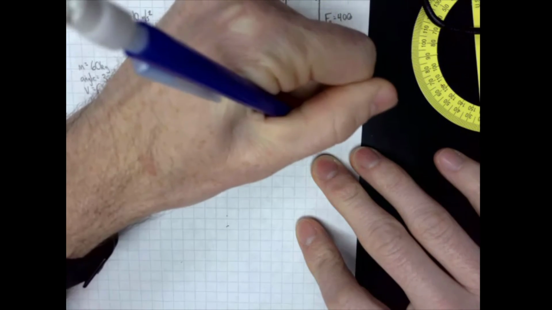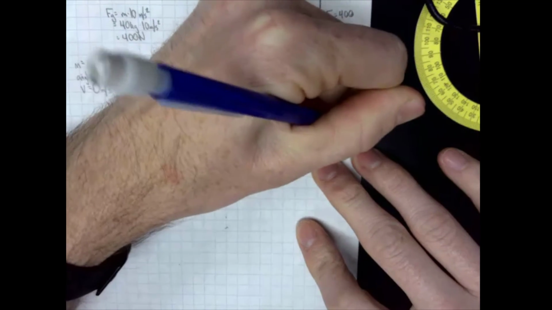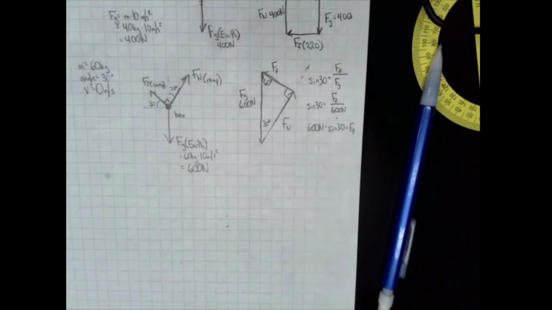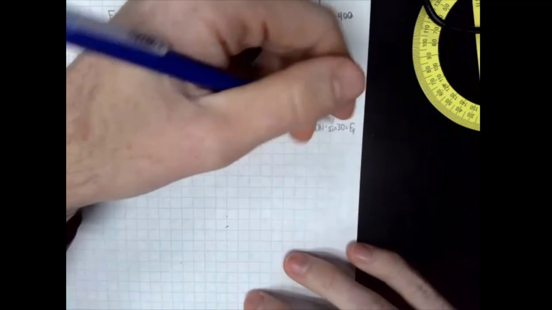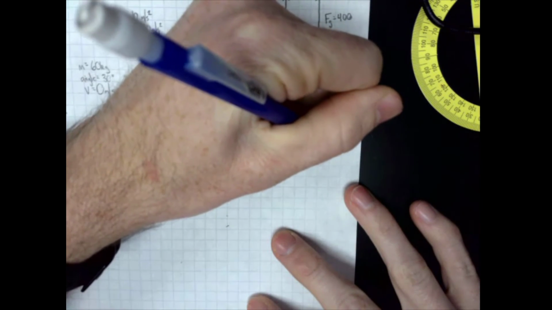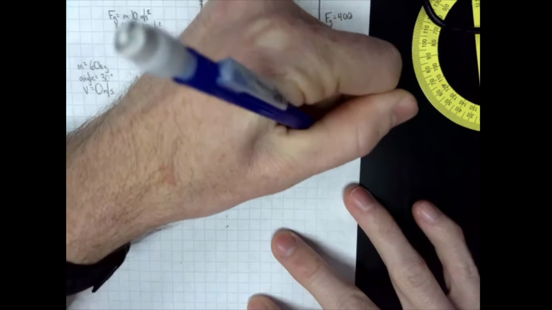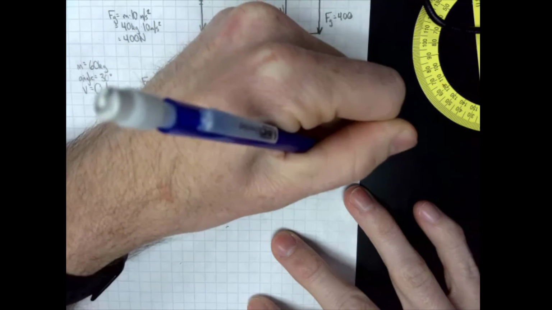So 600 newtons times the sine of 30 will equal our friction. And sine of 30 is 0.5 times 600. So the friction is 300 newtons.